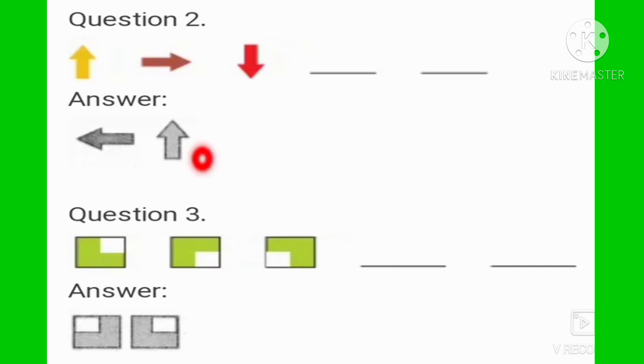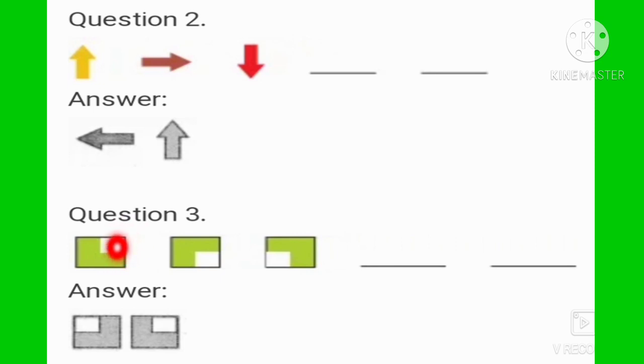Here, see the arrow marks. Up, right, down. What will be the next arrow? Left, isn't it? Up, right, down, left, and then up, right, down, left. In the third question, in a square, the second part is unshaded, isn't it?